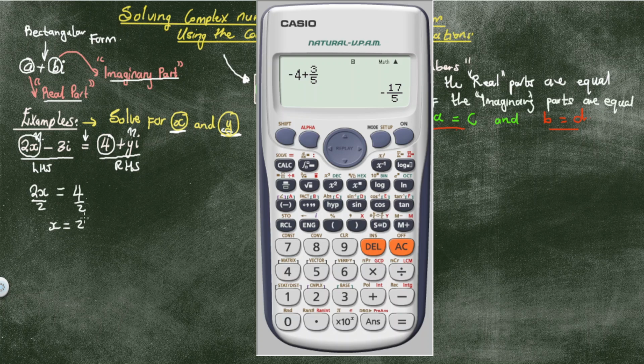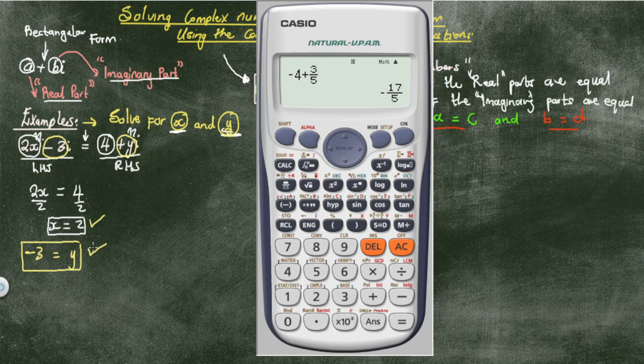X is equal to 2. And then we're going to solve for y. We're going to take the negative 3, which is the b, right? The b is always the coefficient of the I along with the sign. So negative 3 is equal to a positive y. So we have our answers. X is equal to 2, y is equal to negative 3.